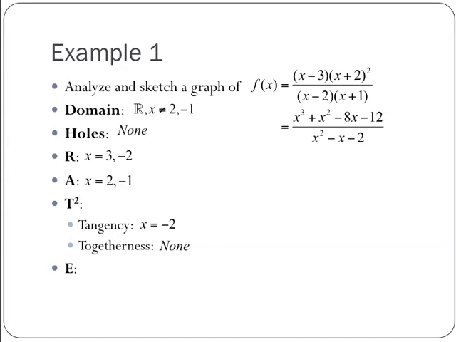Now, since the denominator is not in linear form, we're going to do long division. You can also opt to just multiply out the numerator, and then you could do synthetic division twice with 2 and then with negative 1. That's fine. I'm going to go ahead and do the long division here.